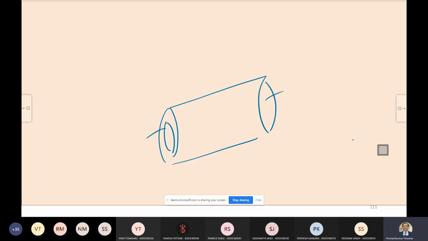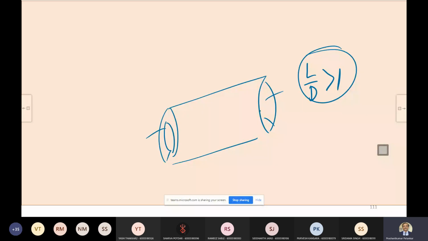But again, as I told you earlier, when L by D ratio is greater than 1, at that time the chances of metal to metal contact at the ends are more. Also, sometimes when L by D ratio is greater than 1, there is a possibility that the shaft may get deflected when the load is increased.